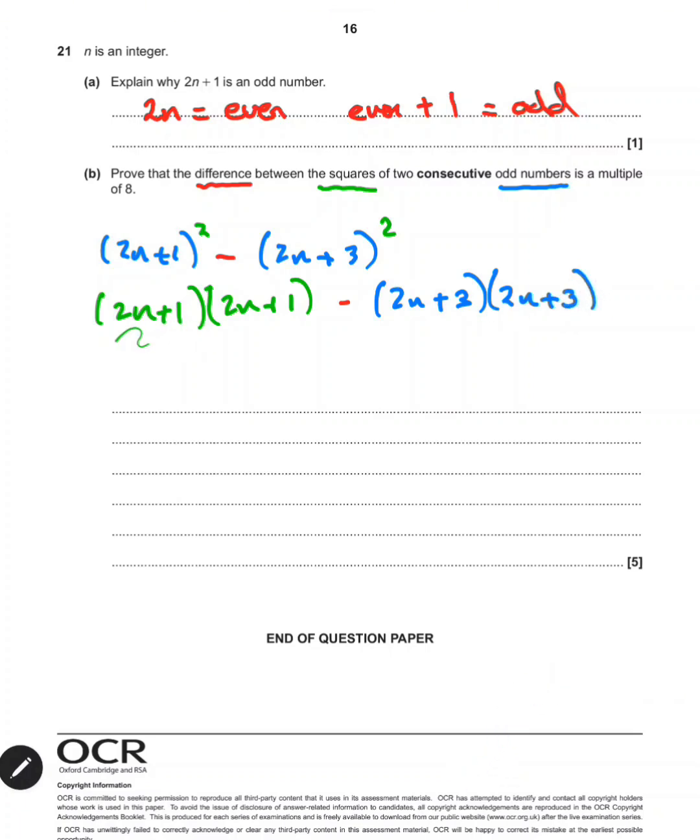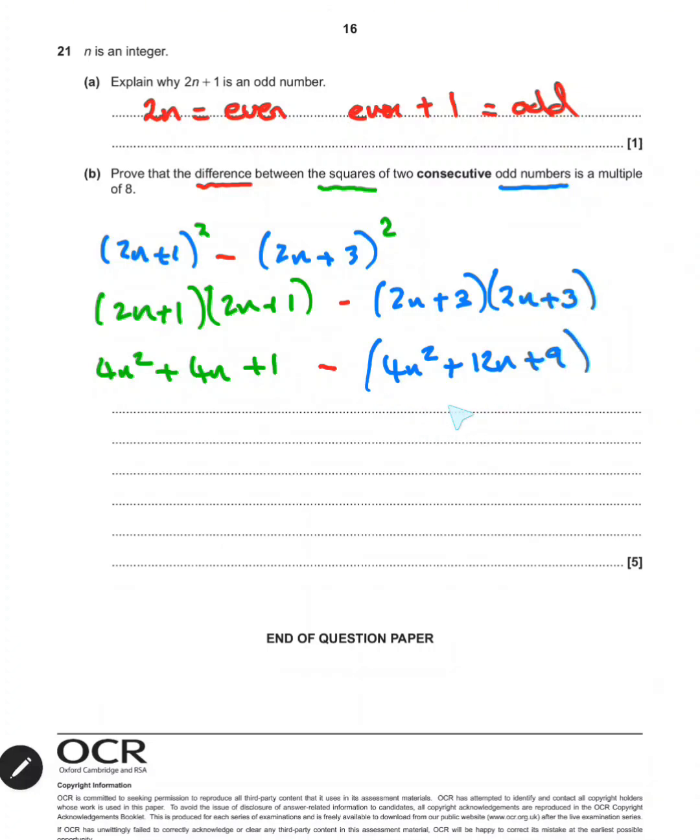And if you expand these, you get, and I've simplified as I've expanded.